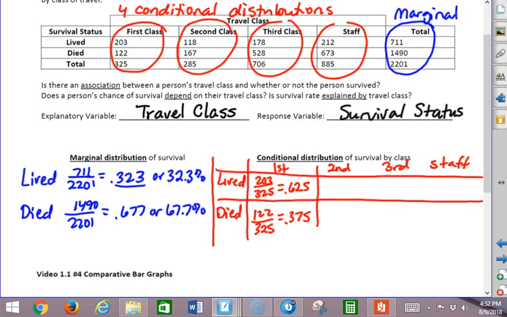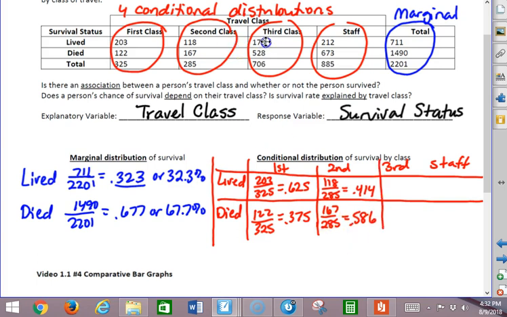Okay, so now we need to look at second class. So second class is 118 out of 285, or 0.414, about 41%, and 167 out of 285, which is about 58.6%, 0.586. Okay. Now, you understand what I'm doing.